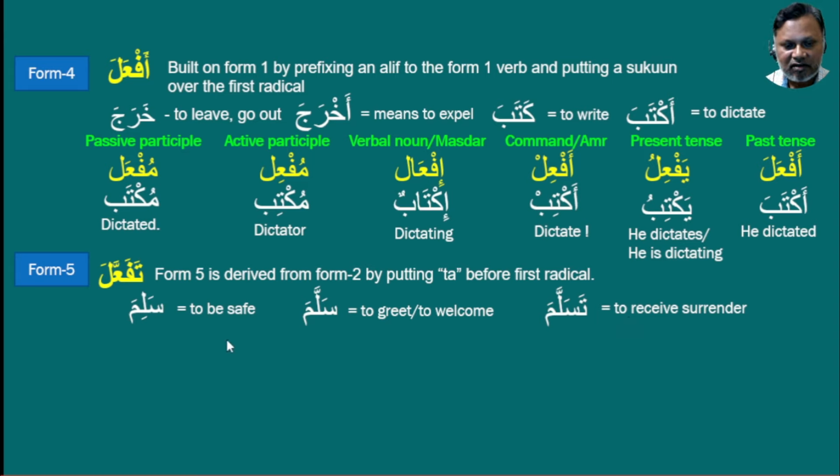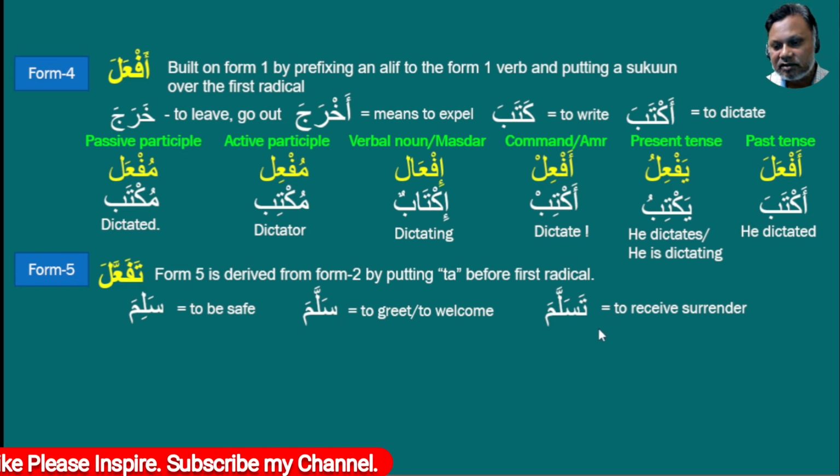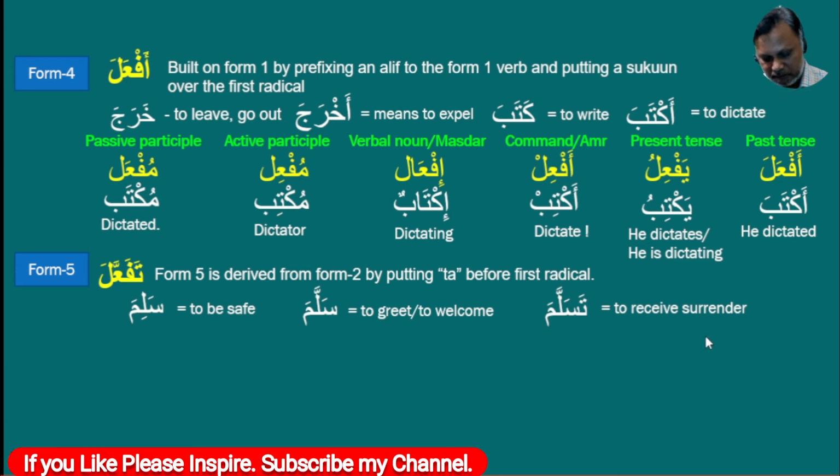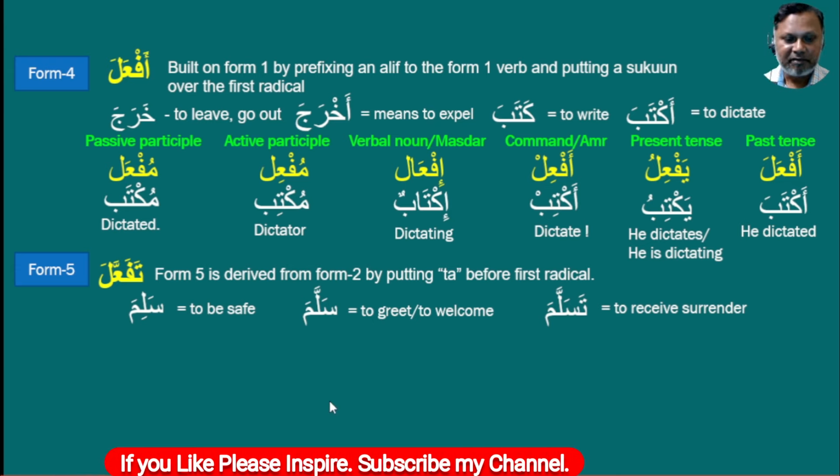See the variation of meaning because of different branches of this main family. The main family is salima. From this main family, the branch sallama has been developed, and another branch, tasallama, has been developed. So these are the branches of this family.